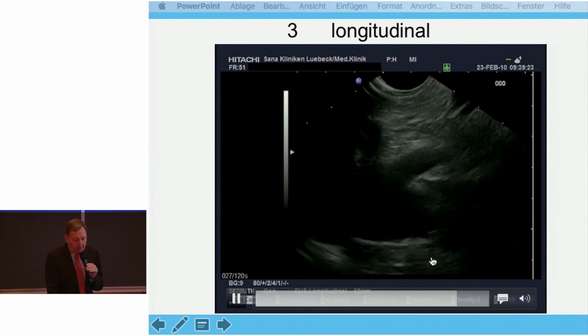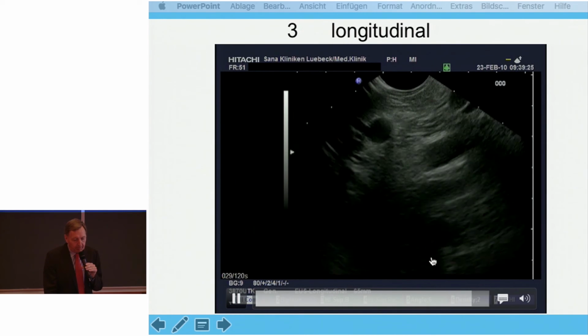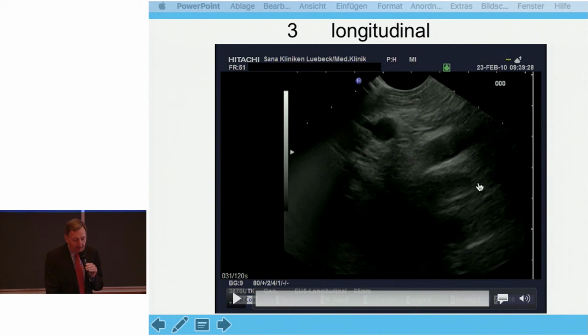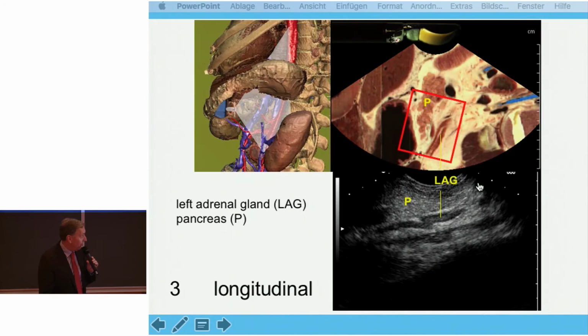Behind the spine, behind the aorta. So this is the superior mesenteric artery. This is the left renal vein. So as well in longitudinal scan, you have the possibility to see the left adrenal gland, a very typical image. This is the anatomical image of the left adrenal gland.